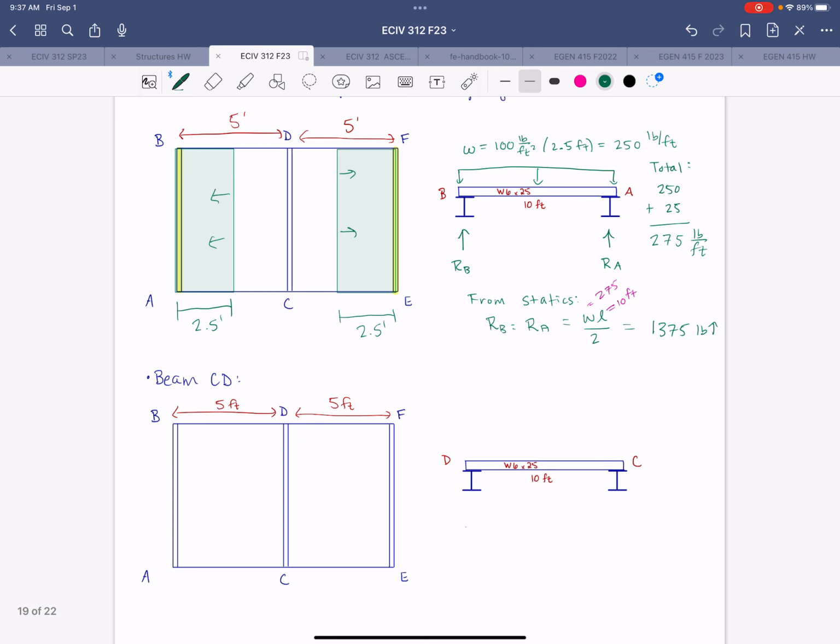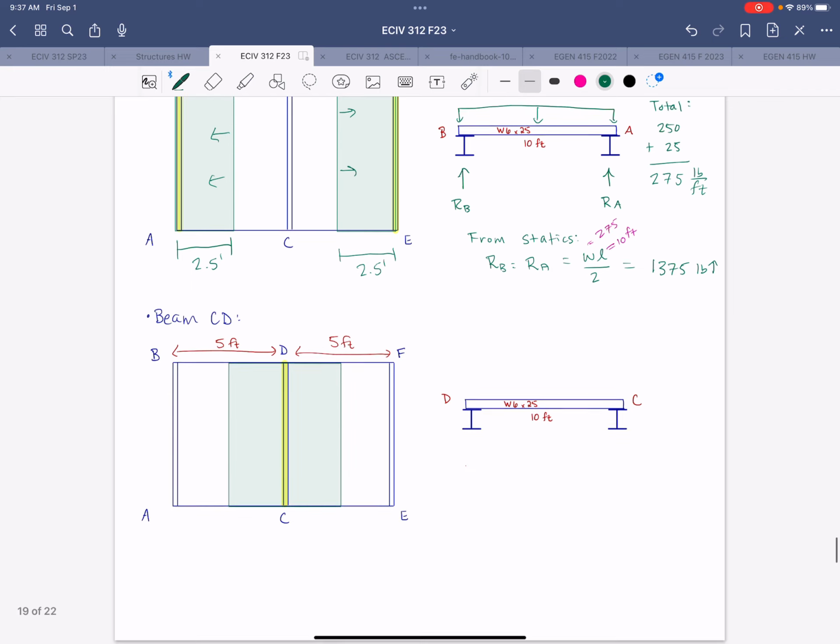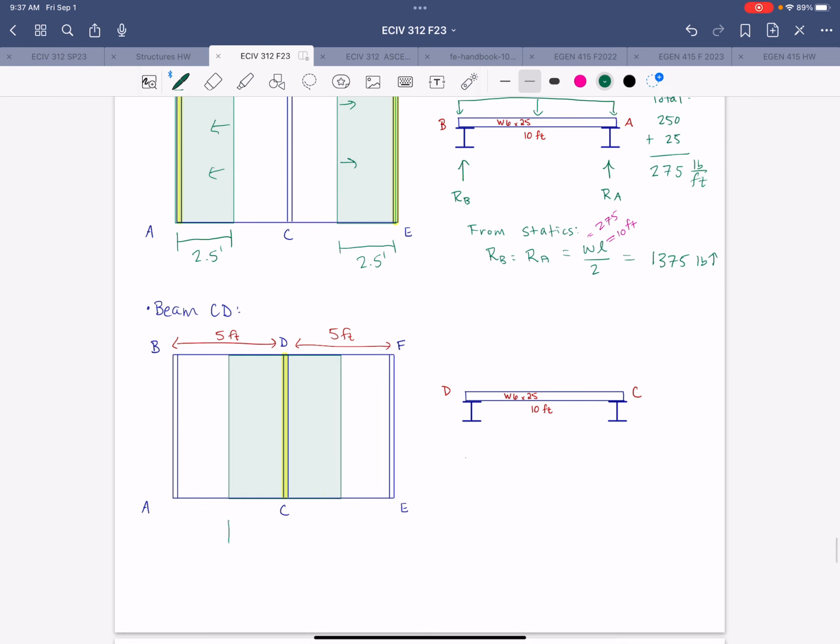All right, so now similarly for the center beam, we just have a larger tributary width. So now our tributary width is 5 feet.